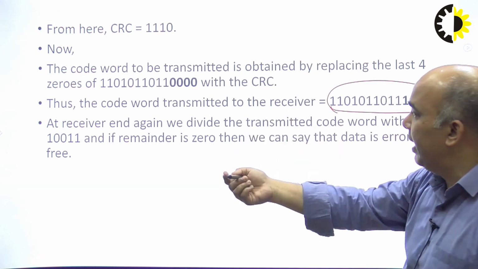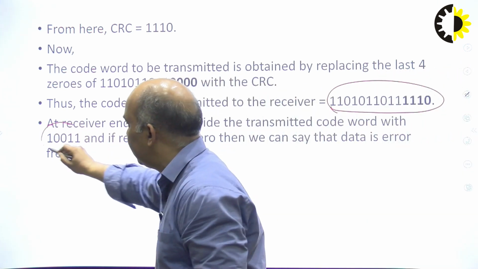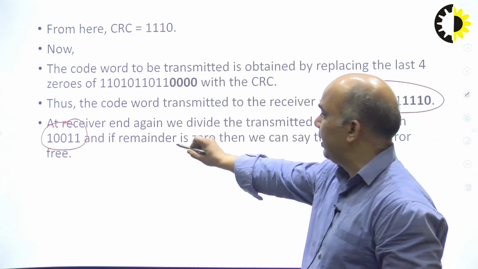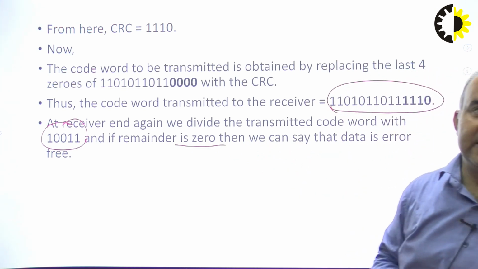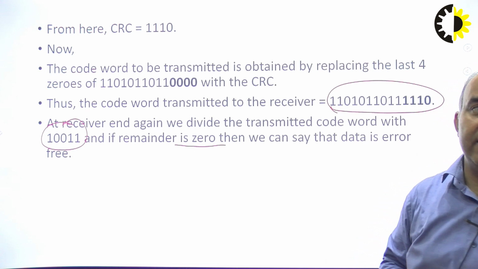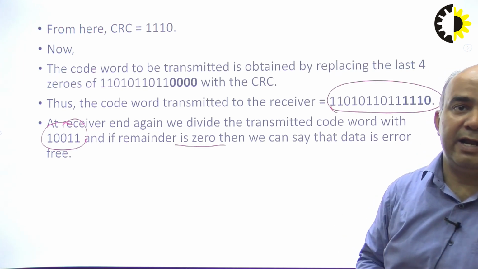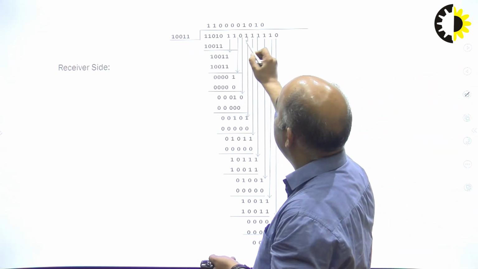Now, at the receiver end, we divide the transmitted code word by the generator code word, and we have to find whether the remainder is 0. If there is an error, then we will not get all zeros. If there is no error, we receive the zeros, and then the data is error free. So, at the receiver end they use this method.